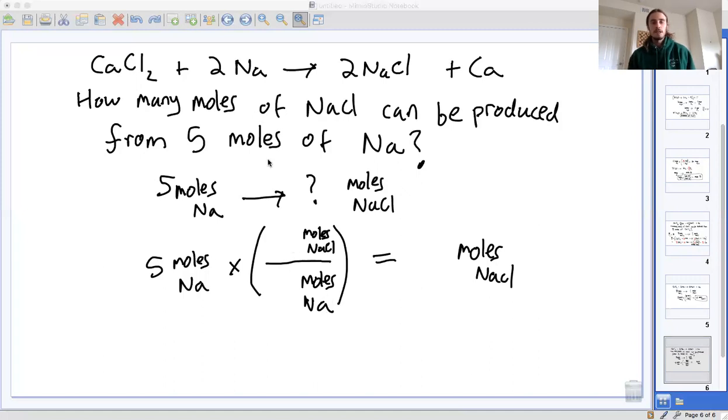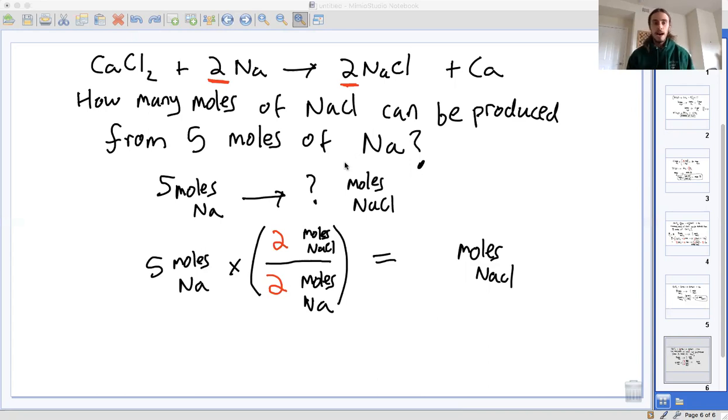And in here, I'm going to put the coefficients. So I'm going to put this coefficient for sodium and this coefficient for sodium chloride. So I'm going to get 5 times 2 over 2.